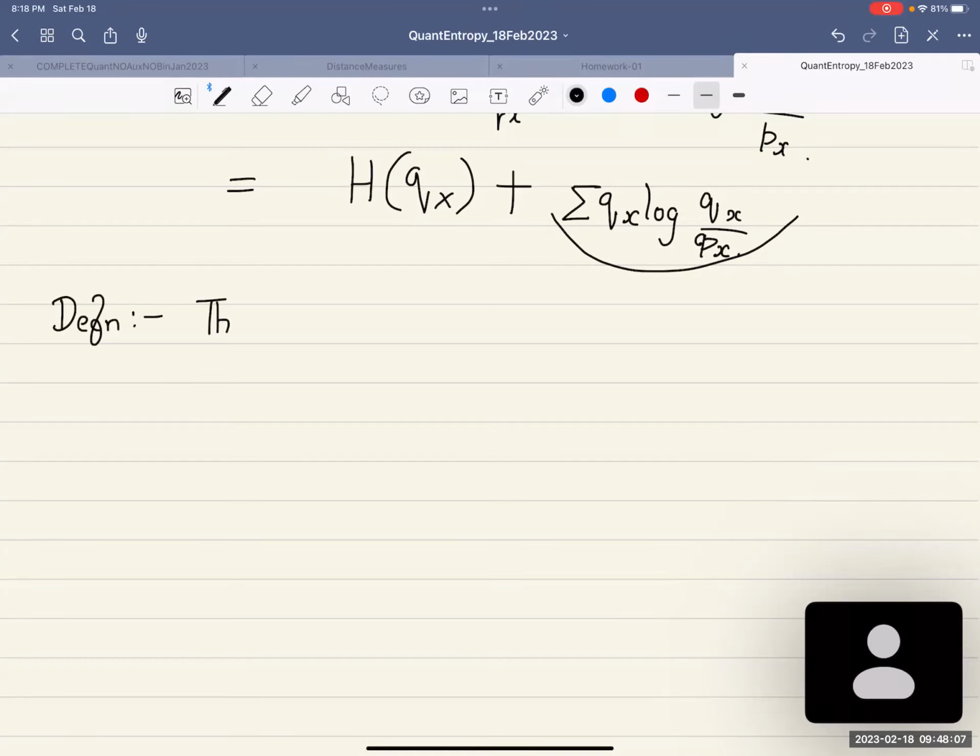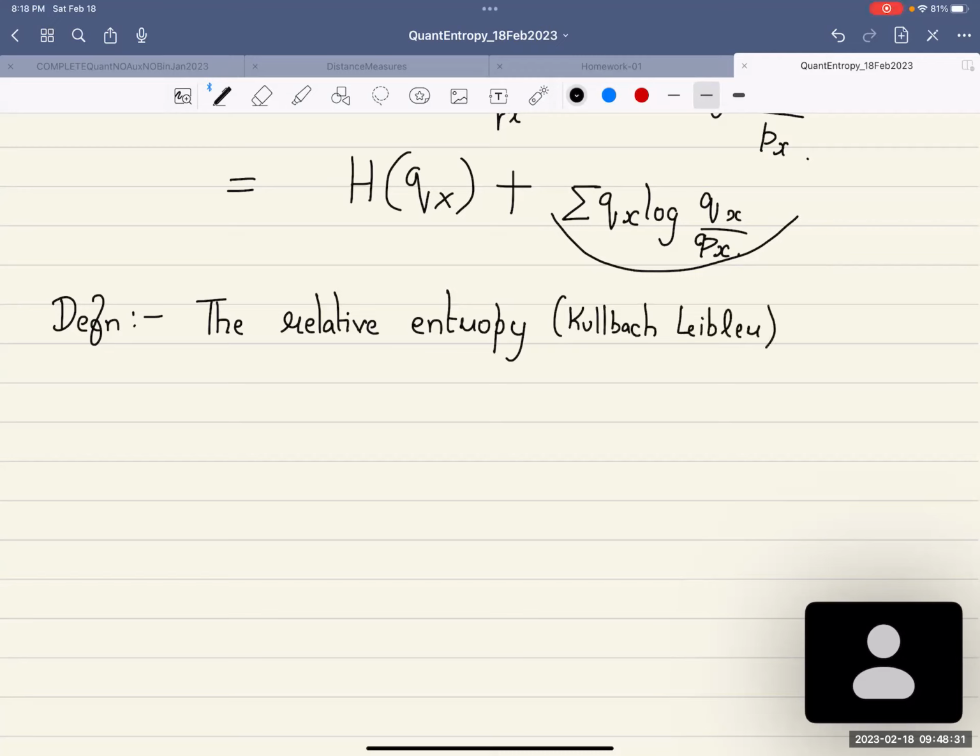In quantum it's called relative entropy. In statistics it's called some divergence. There are multiple names for this because it's a quantity at the center of information theory, statistics, probability, whatnot.